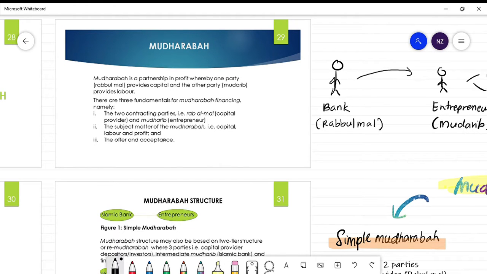And of course, because this is the contract between two parties, so we should involve the offer and the acceptance lah. Means one will offer the contract and one will accept the contract. So this is actually like three fundamental elements once we enter Mudharabah financing.